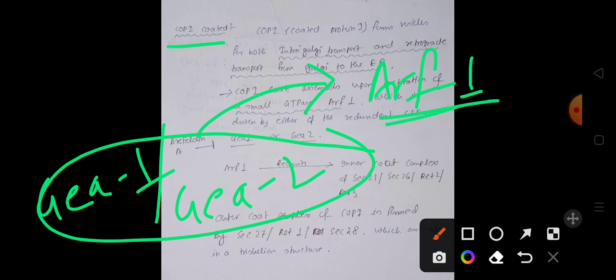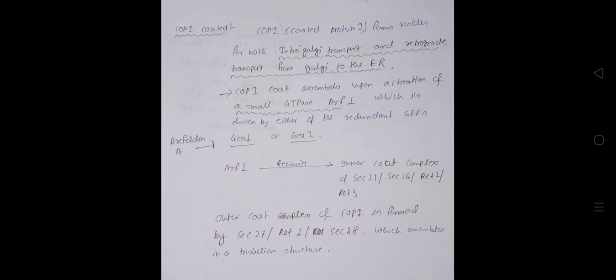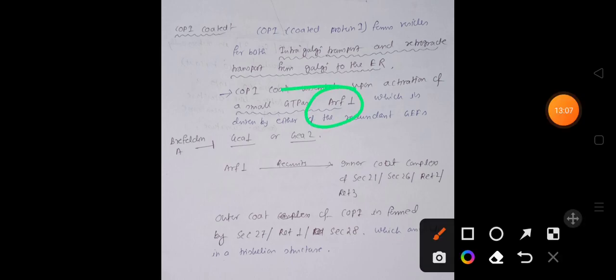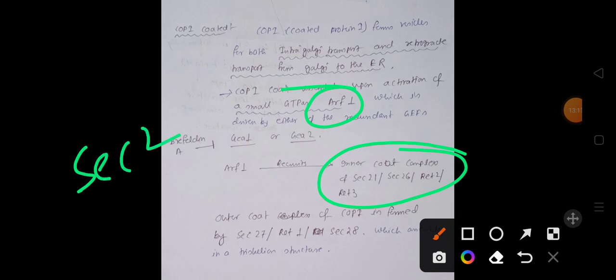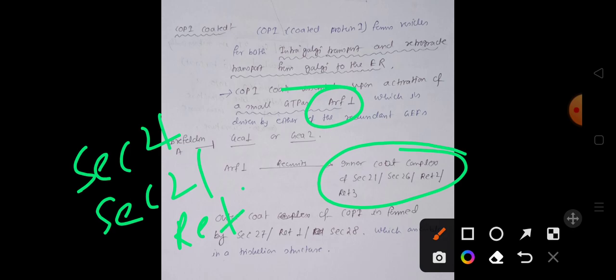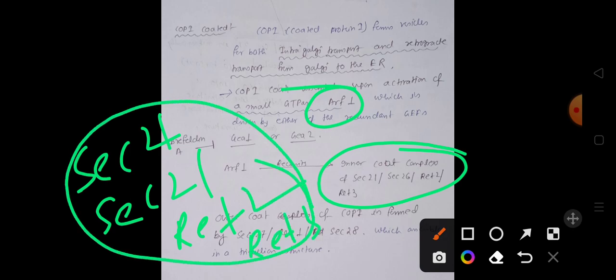Now this small GTPase ARF1 will recruit SEC21, SEC26, RAD2 and RAD3. These four things together will form the inner coat of the COP1. Understood? So that is the idea.